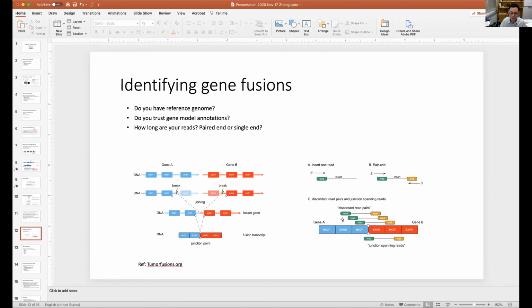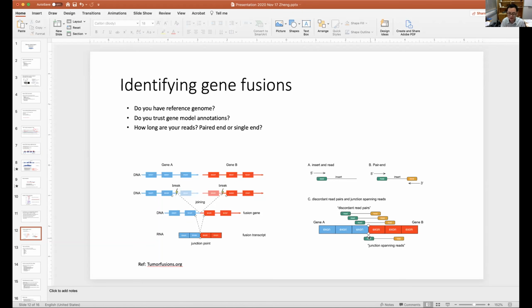Another piece of evidence comes from the splicing reads, the junction spanning reads. Assuming you suspect there is a fusion going on between two genes, you can construct a library consisting of all the exon boundaries between A and B. So you can build basically a small reference genome that contains all these possible exon boundaries, and then align your reads to this library.